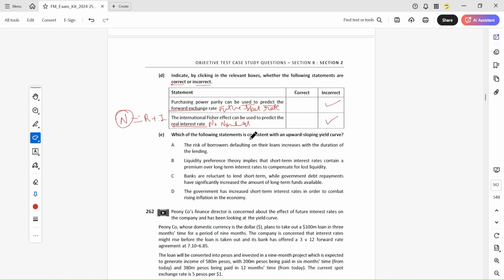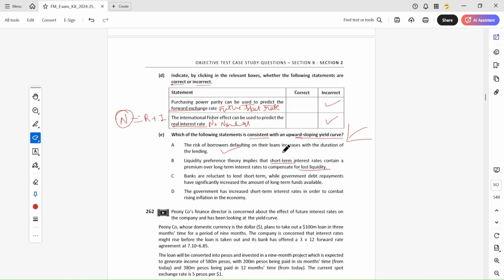Which of the following statements is consistent with an upward sloping curve? The risk of borrowers defaulting on their loans increases with the duration of the lending. Yes, this is correct: the higher the duration, the higher the risk of default. Liquidity preference theory implies that short-term interest rates contain a premium over the long term to compensate for lost liquidity.